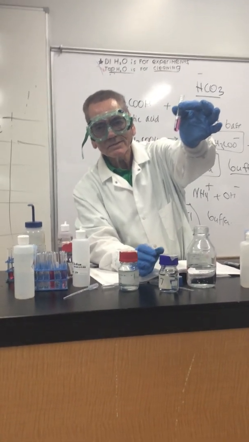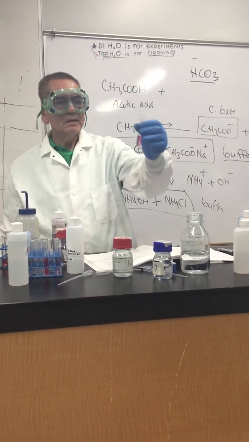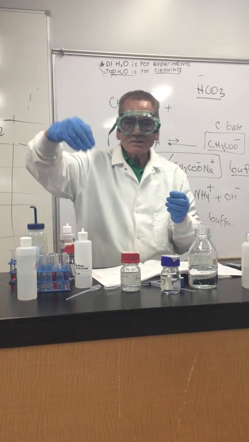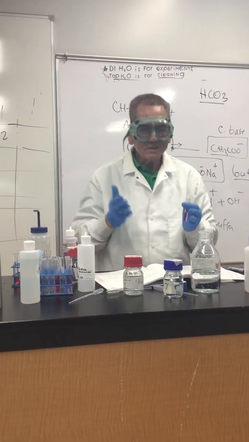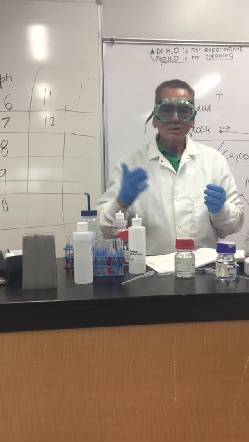And the color stays the same. Is that clear, you guys? All right, so the buffer will resist the change in pH. Water is not a buffer. Hydrochloric acid itself is not a buffer, and so on and so forth.